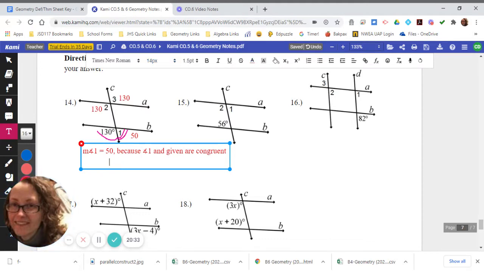I can say that by the alternate, or no, sorry, the linear pair theorem.